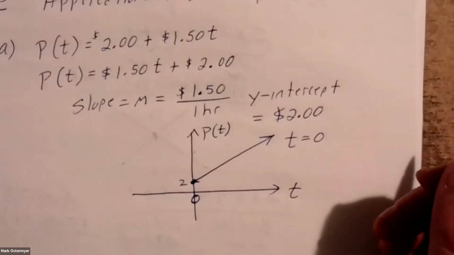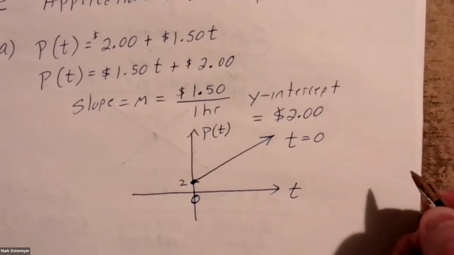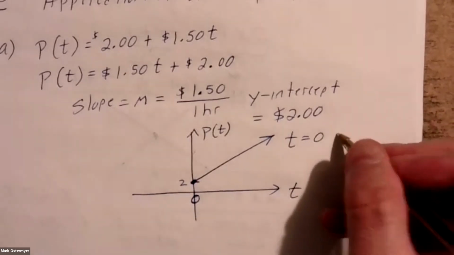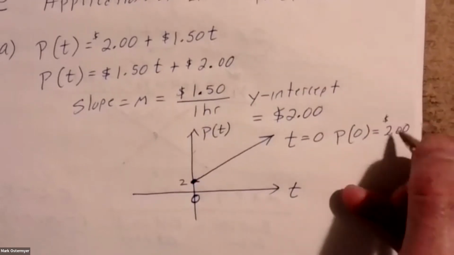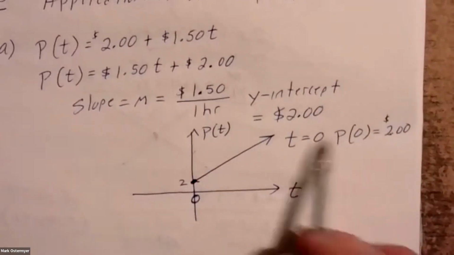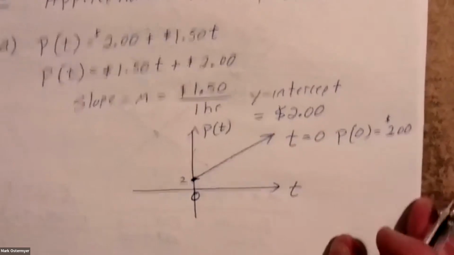A cost of $2. That's just to get into the garage, $2. Call it an entrance fee, okay? So P of 0 is going to be equal to $2. It's just an entrance fee. That's the fee you have to pay just to get into the garage there.